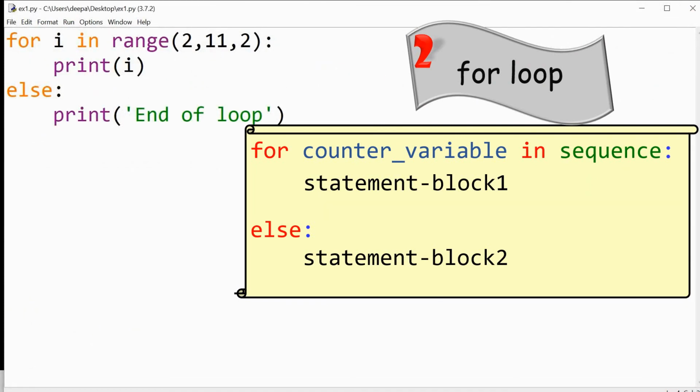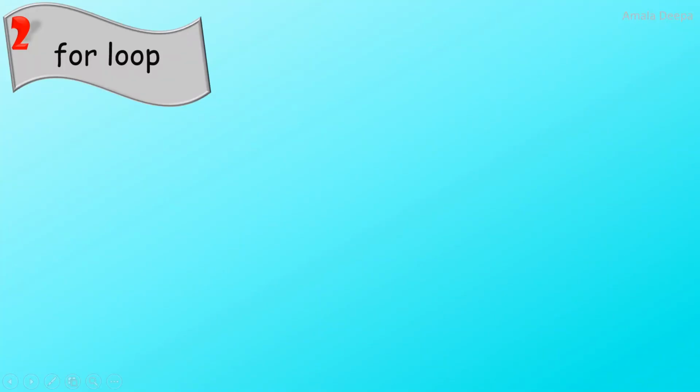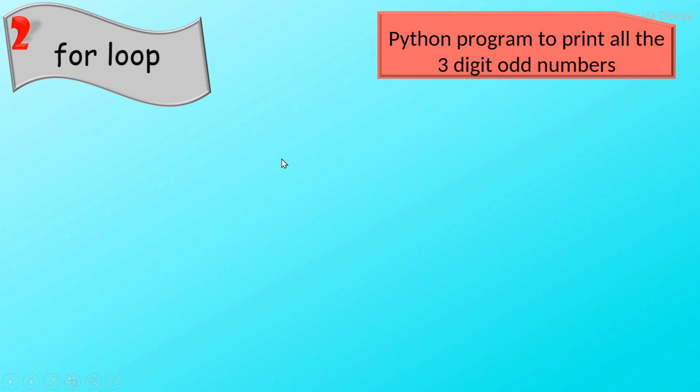So now you have seen how to write for loop in Python. Next I will discuss some book back exercises using for loop. Python program to print all the 3-digit odd numbers.